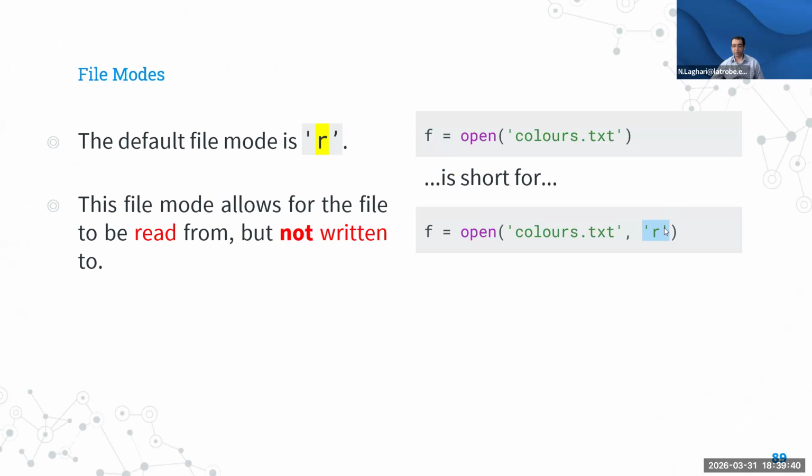That means that we were always opening the file with the R mode or the reading mode. No one can write to the file. Even the same program, if it opens in the read mode, we cannot write to the file. So that is one safety feature for us.